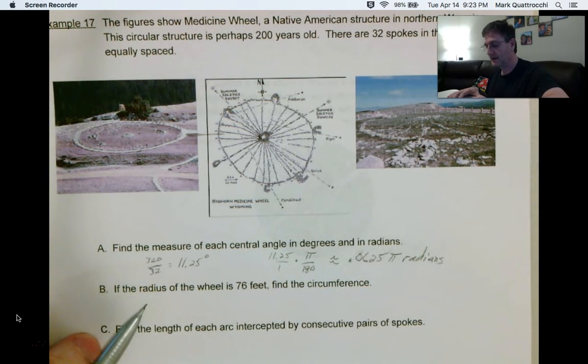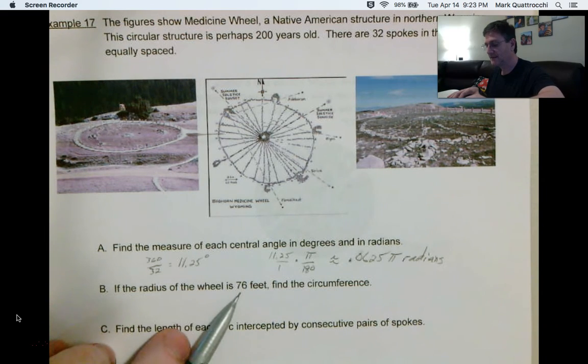If the radius of the wheel is 76 feet, find the circumference.